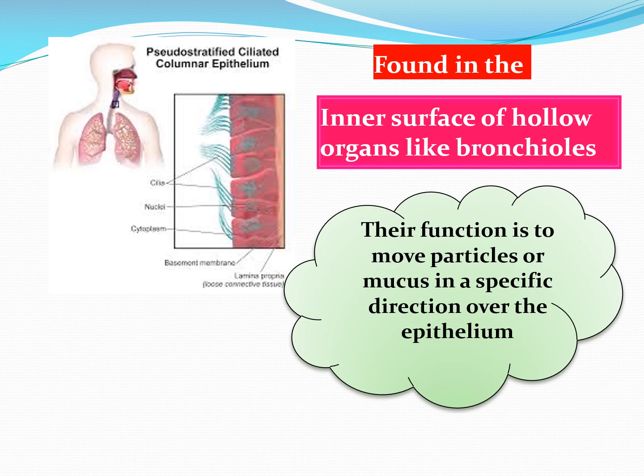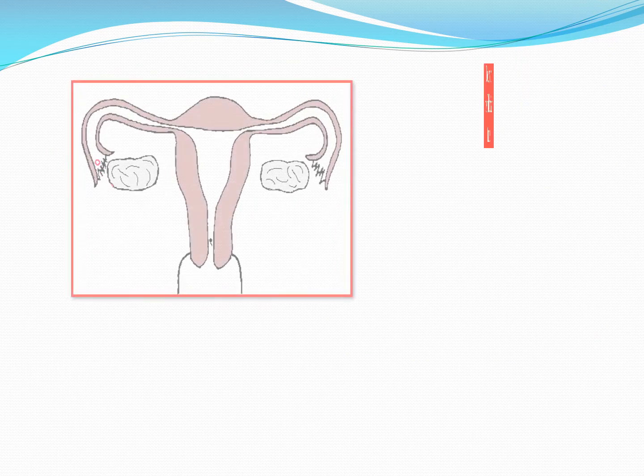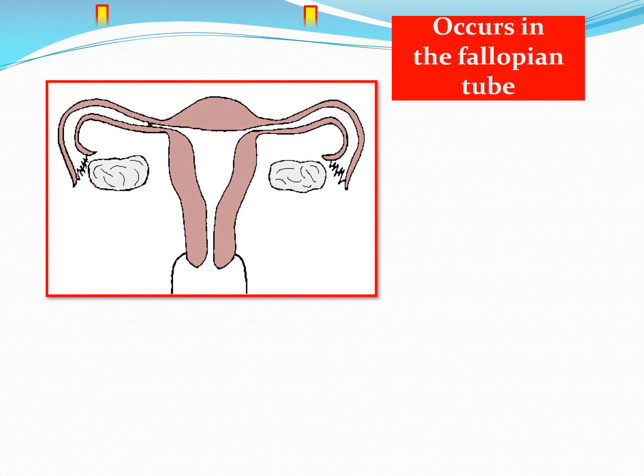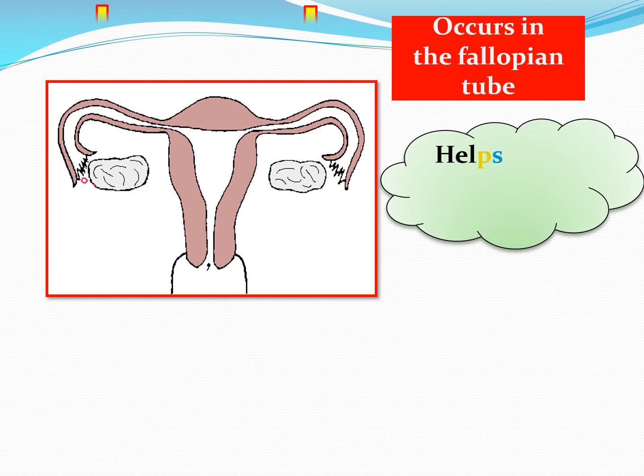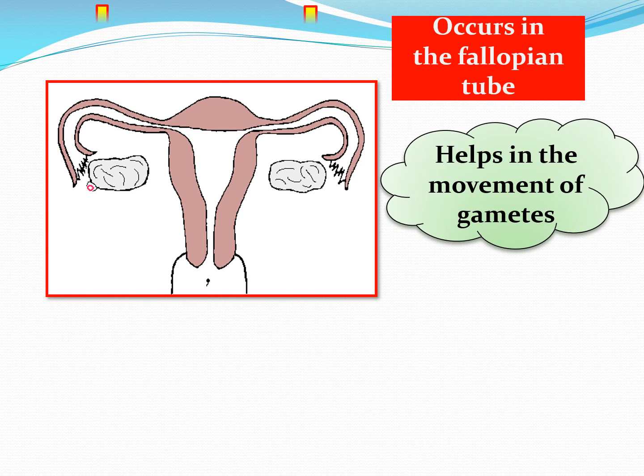Their function is to move particles or mucus in a specific direction over the epithelium. It also occurs in the fallopian tube, which helps in the movement of gametes, which is required for fertilization.